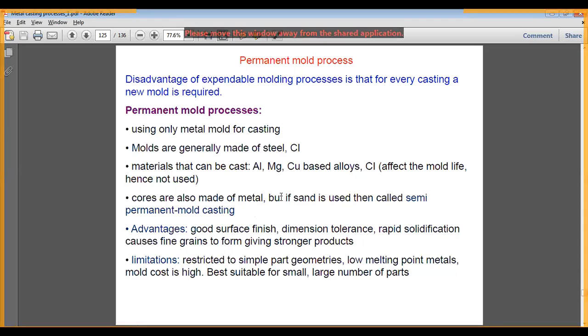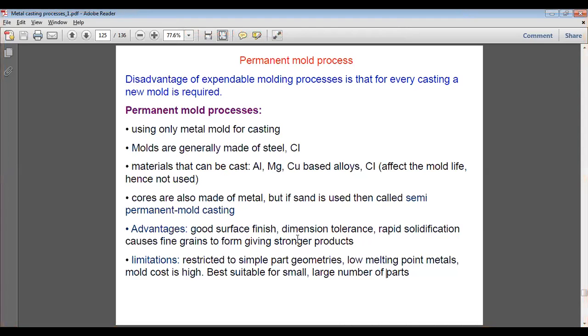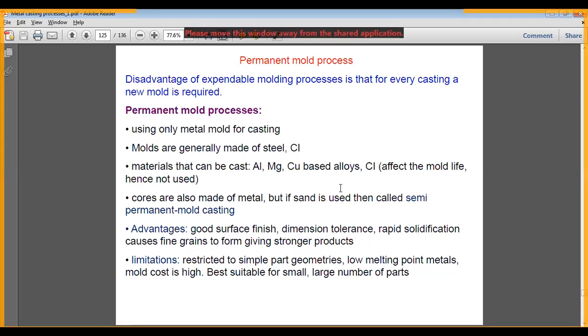So what are the advantages and disadvantages? Advantages are that good surface finish is found in permanent mold casting, good dimensional accuracy, rapid solidification and fine grain, because the cooling rate is higher in metals as compared to molding sands.